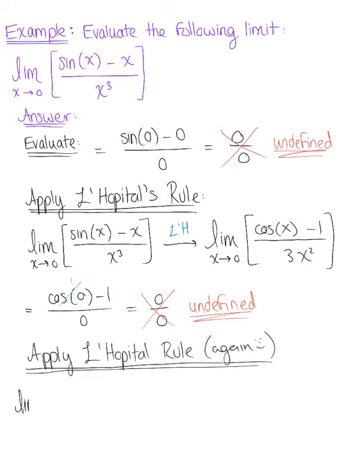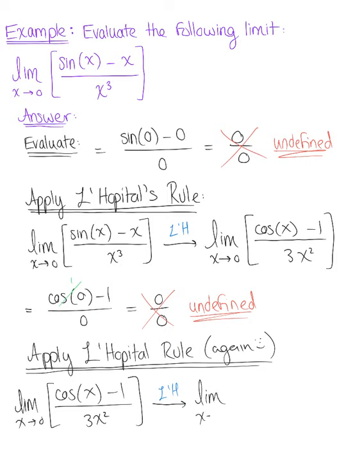So we are taking the limit as x is approaching 0 of cosine of x minus 1 all over 3x squared. And we are applying L'Hopital's for the second time. And so this becomes the limit as x is approaching 0 of minus sine of x all divided by 6x.